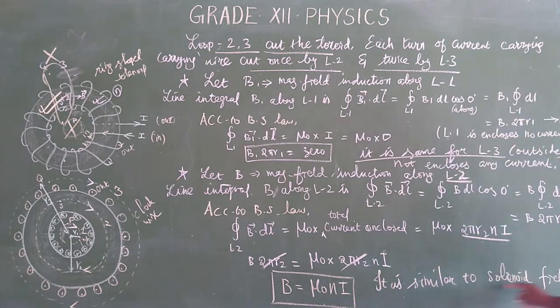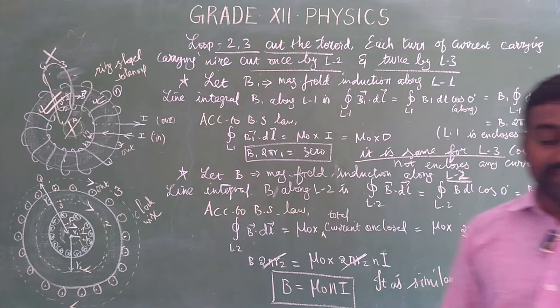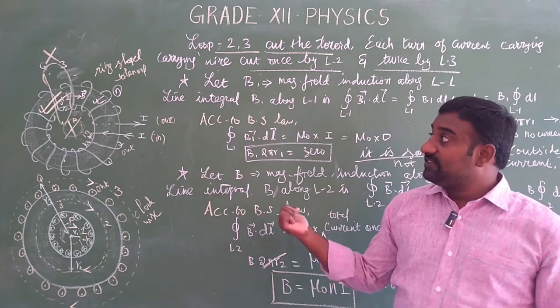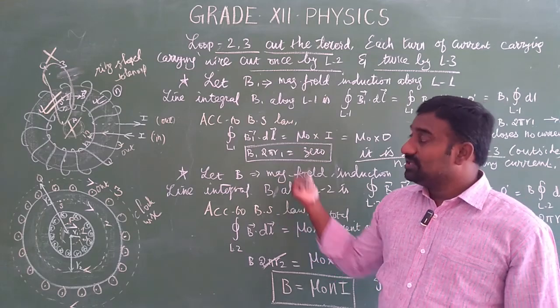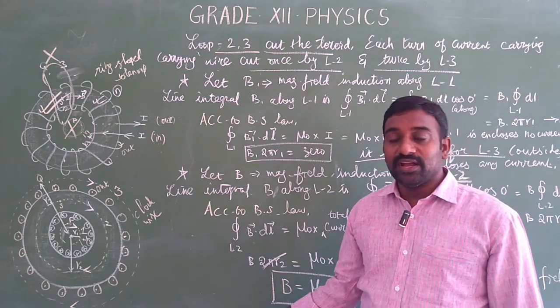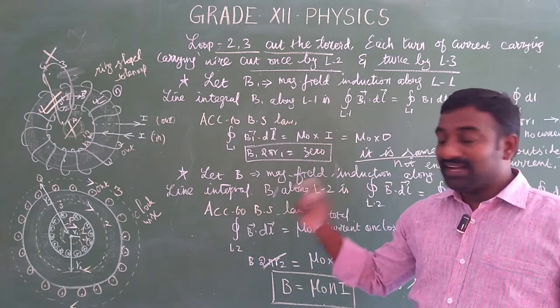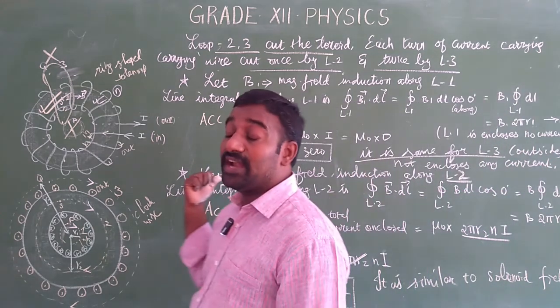So this is similar to the solenoid's magnetic field. So for the solenoid and the toroid we have the same magnetic field, but this is for an ideal solenoid and an ideal toroid.